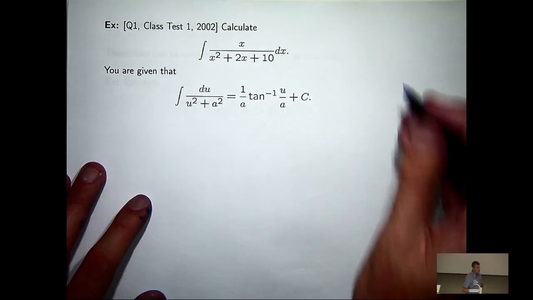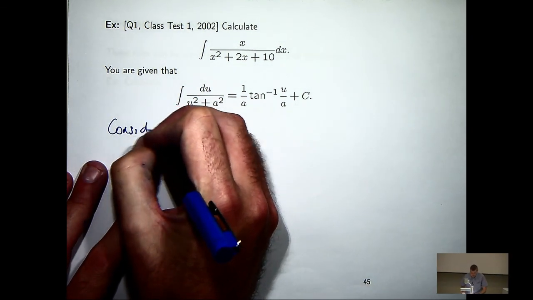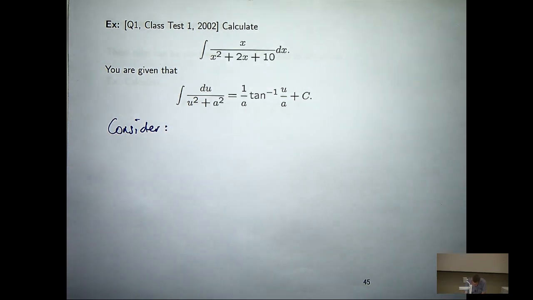So what I'm going to try to do is play with the numerator so I get the derivative of x squared plus 2x plus 10. So I need to turn that x into something like 2x plus 2.